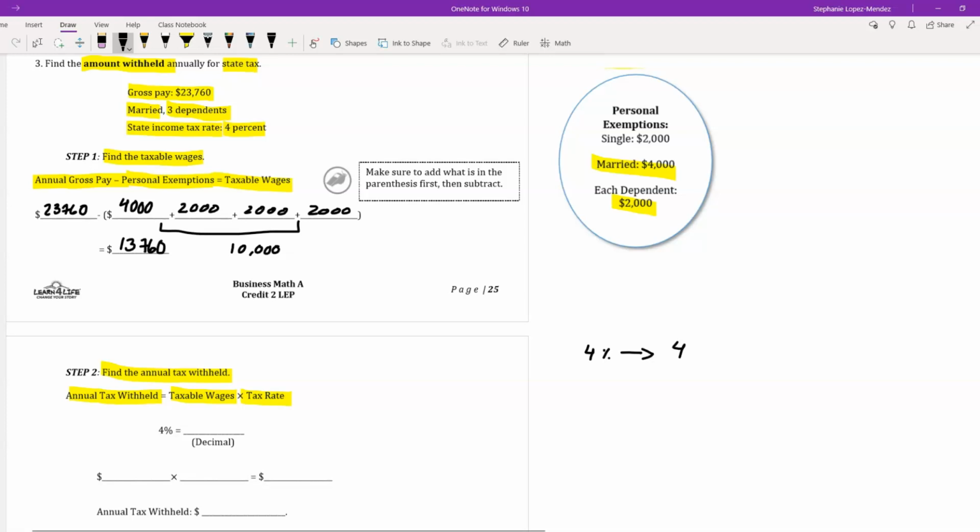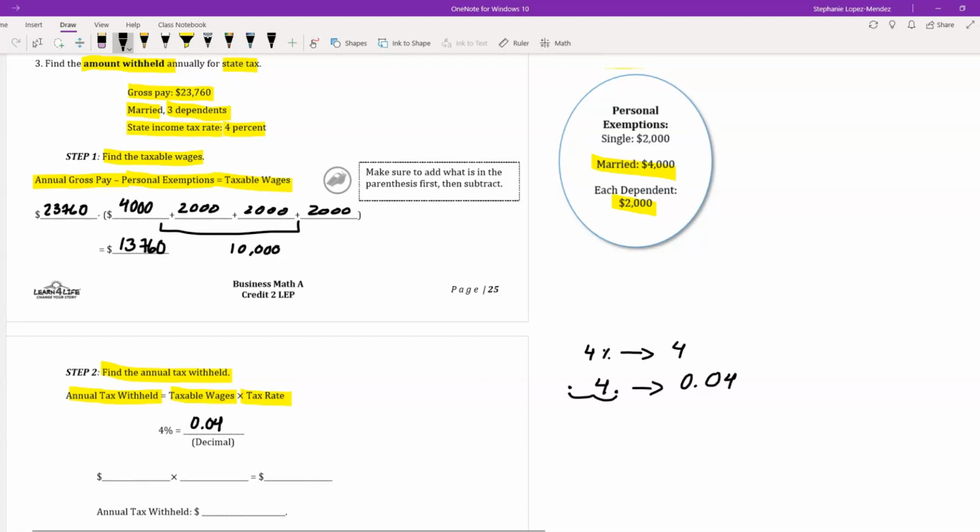I drop the sign, and now I add the point here, right? And we need to move it 2 times to the left. I add 2 zeros since 4 is less than 100 and less than 10. And now my decimal is 0.04.